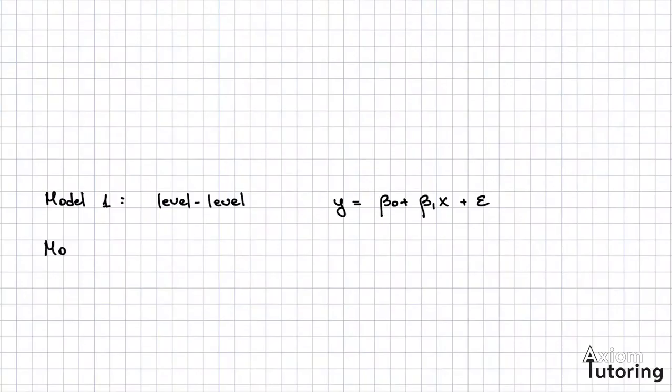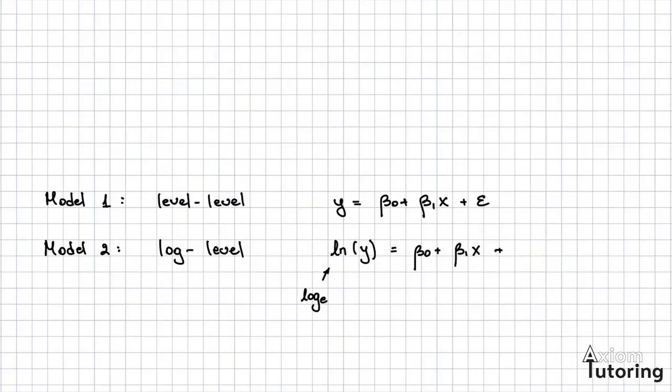So the second model we're going to look into is the log level model. We're going to take the log, or we're going to write most of the time ln of y, so the logarithm with base e, equals beta 0 plus beta 1 x plus epsilon. Notice that we did nothing to x.